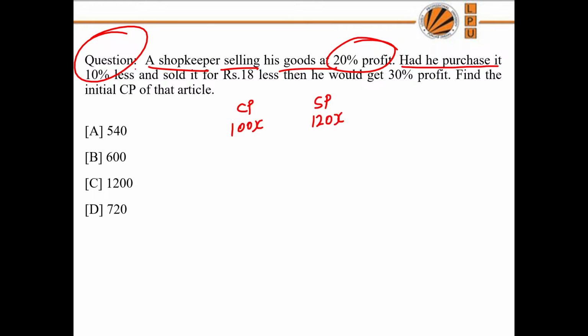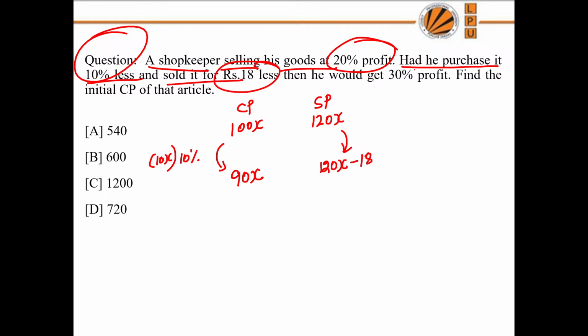It means he purchases it 10% less. So 10% of it, which is 10x, less, he will purchase at 90x. Now sold it at 18 less. 18 less means the new selling price is 120x minus 18.